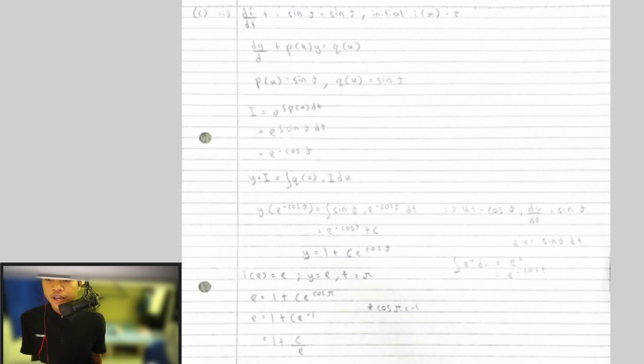After that, we apply the initial condition y equals e when t equals pi, and we get the value of c is e to the power of 2 minus e. After we get the value of c, we put it in the general solution, and we get the final answer y equals 1 plus (e to the power of 2 minus e) to the power of cos t.